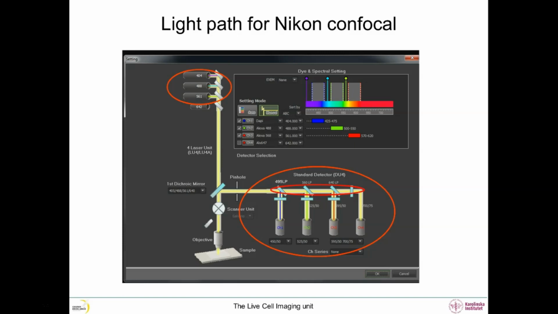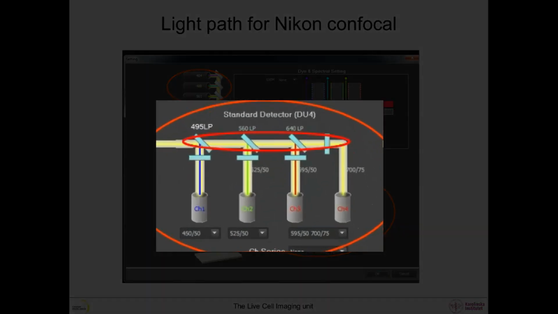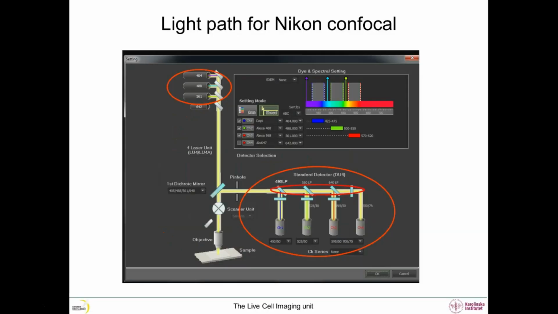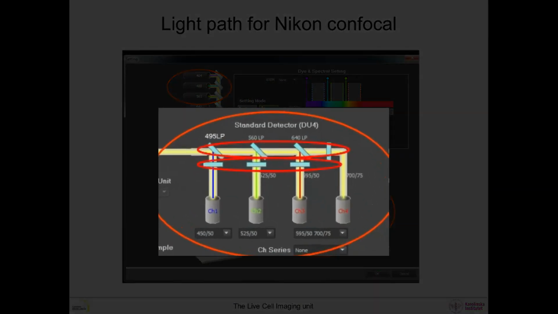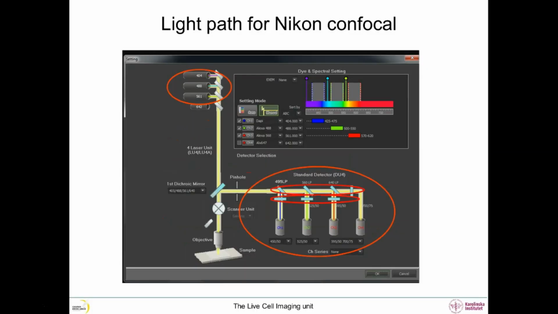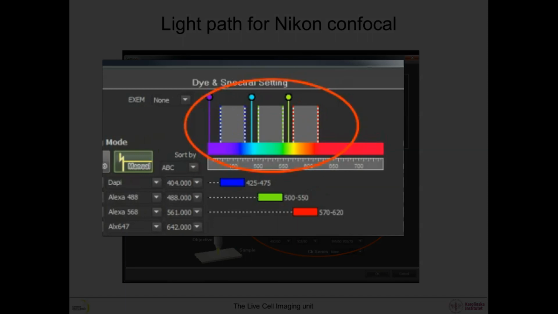The blue light below 495 nanometers is sent towards the first detector, whilst the rest continues towards the other detectors. The green light below 560 nanometers is then sent to the second detector, and so on. Additionally, each of these emission lights goes through emission filters, similarly to what happens in filter cubes. And here, you can see a summary of the whole light path, showing lasers and filters.